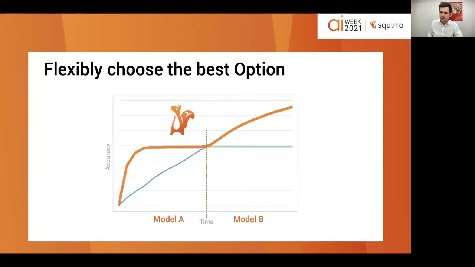We've always wondered at Squirrel, why do we have to choose? Can't we pick model A while we're coming to terms with the topic, with the classification, and then once we have enough knowledge, once we have enough data, switch over to the model that at that point will perform better?